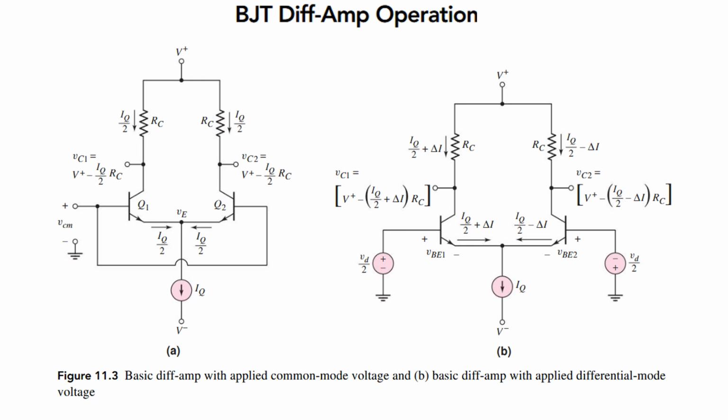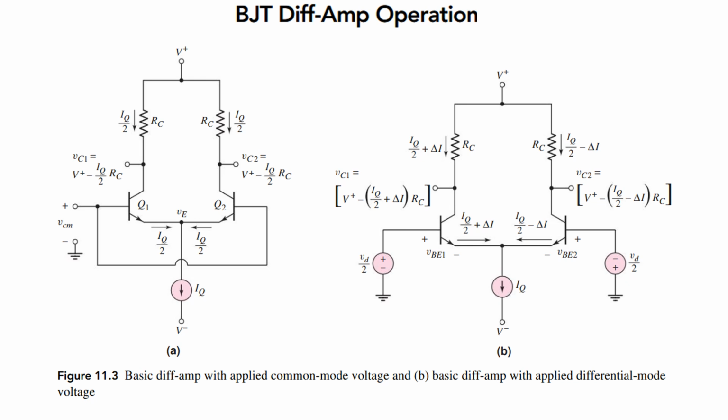Now, the input voltage you can supply through VCM if it is the common mode, or you can give the difference. VCM you can give through the base terminal only. If both the bases have the same input, that is VCM, the first structure is representing the common mode. Always remember, we give the AC input voltage through the base terminal, and we collect our output voltage through the collector points.